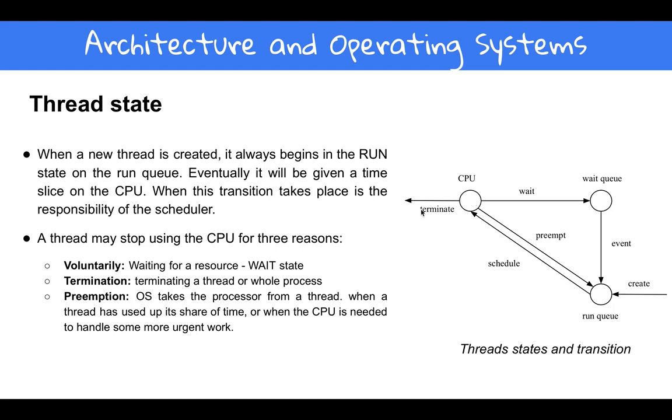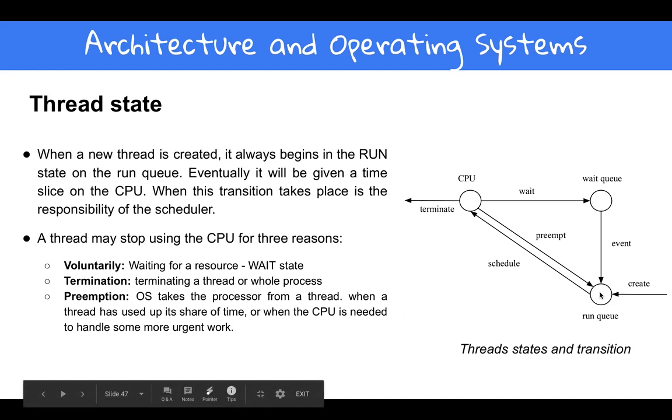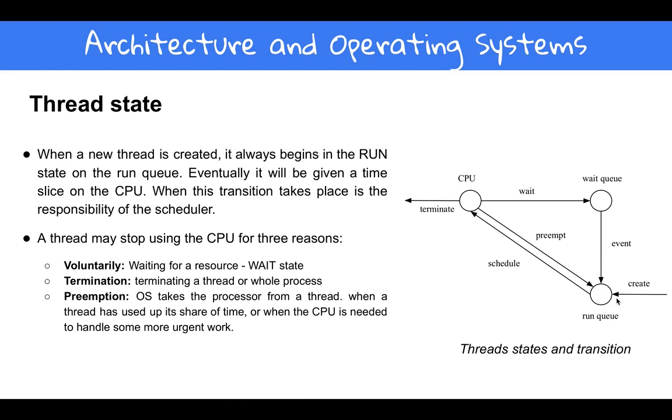The other one, which is important, is preemption. The operating system takes the processor from a thread when the thread has used up its share of time, or when the CPU is needed to handle some more urgent work. For example, a thread is created, goes to the run queue, gets a time and priority from the scheduler, and goes to the CPU. But as soon as it is about to be executed, something more urgent happens.